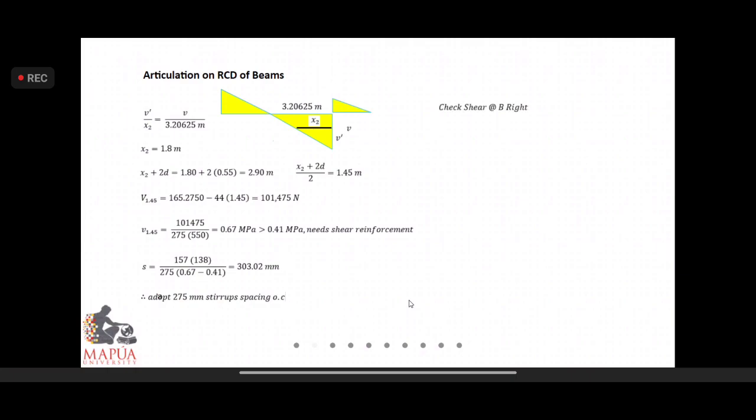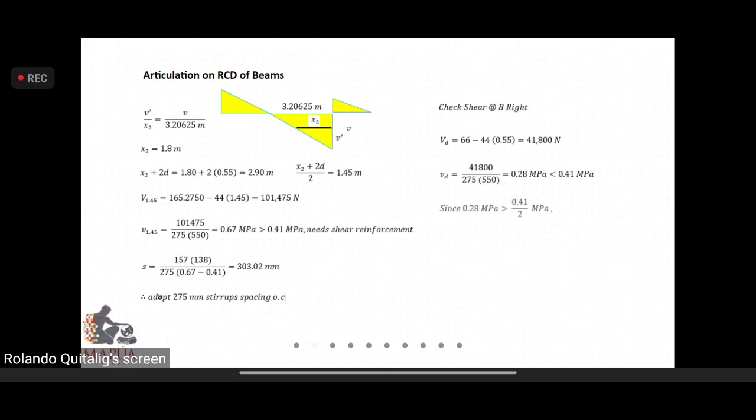And then we check shear at B right, at the free end. So 66 minus 44.55. Then we have the actual shear, and this is less than the allowable already. Since this is less than already, it does not directly imply that we will not place any stirrups at all. We need to check further for the magnitude of this one, whether this is greater than 0.41 or half of the allowable.